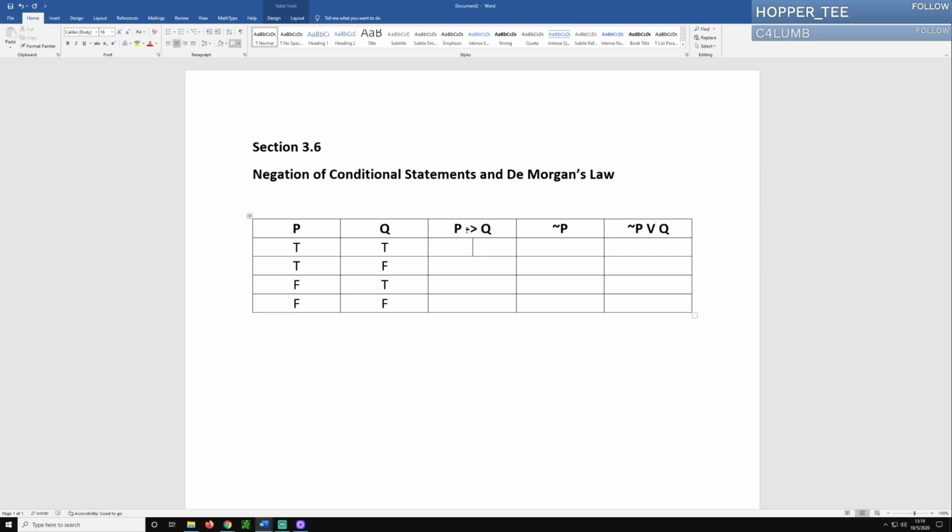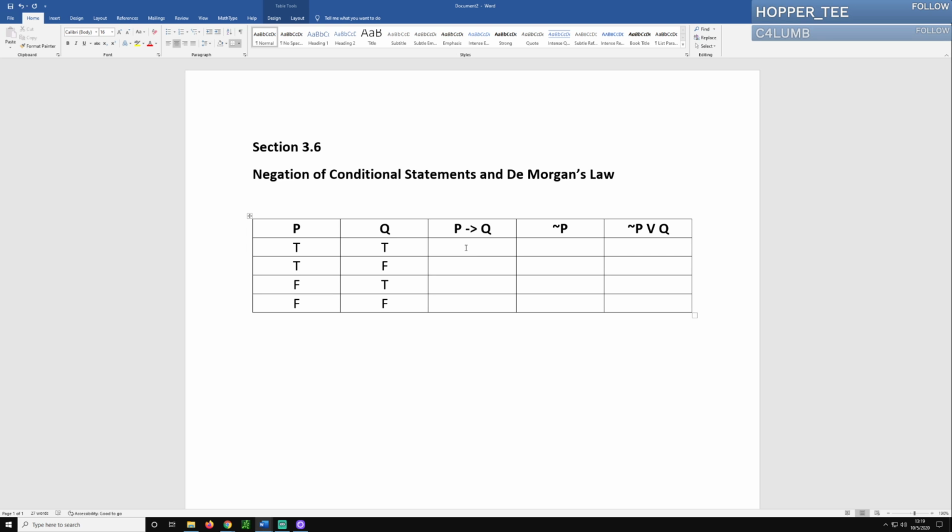Again, just a little reminder of what we did last time. If you need to refer back to the tables, that's okay. We're going to review this at the very start because I want to be sure that you guys are in the right mindset as we move forward to doing more of these types of truth tables.